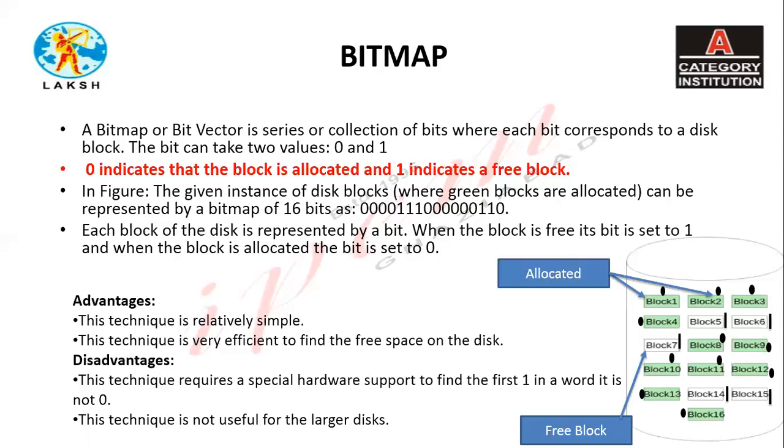The advantage of this technique is that it is relatively simple to implement and very efficient to find free space on the disk. The disadvantage is that it is not very good for large systems. This technique requires special hardware support to find the first word that is not 0.